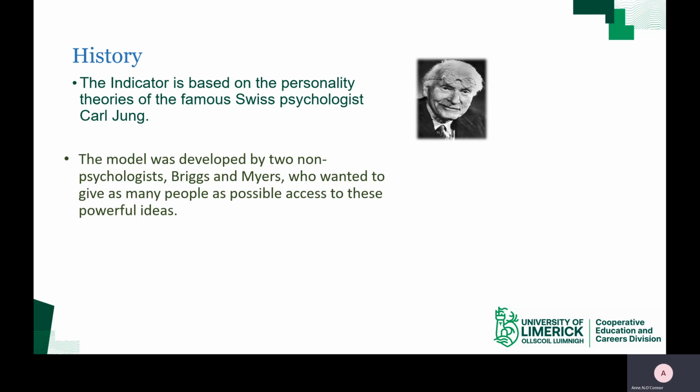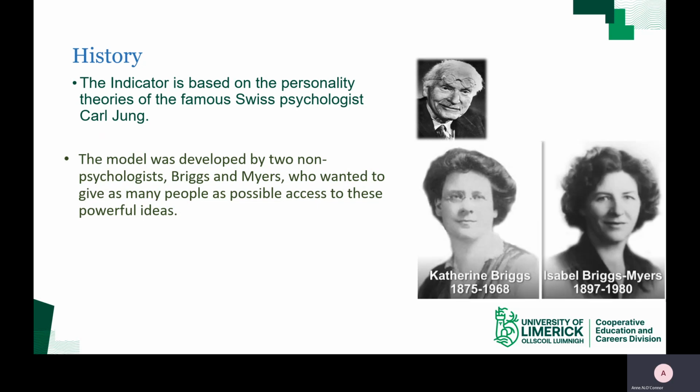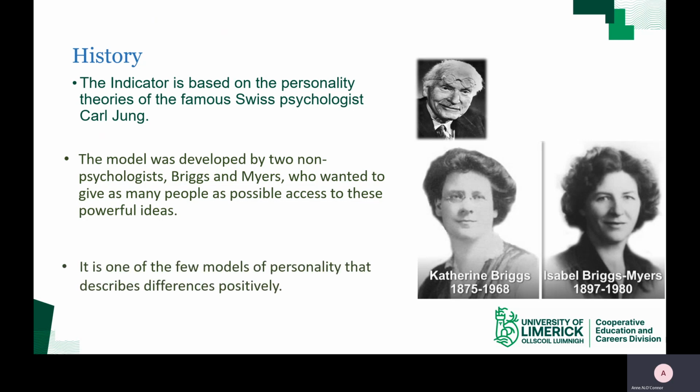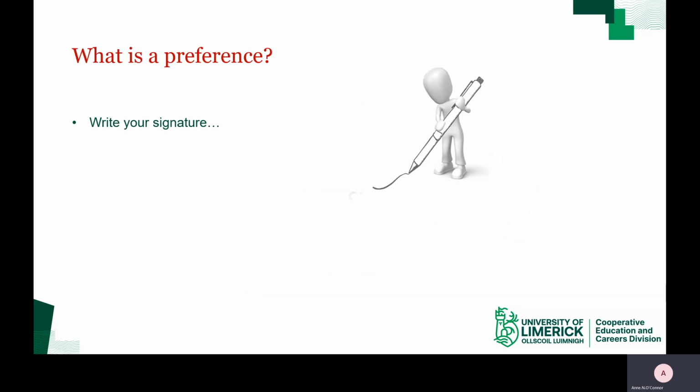It was then further developed by a mother and daughter team, Myers and Briggs, and they brought this type psychology together, developed the tool and began the research around this. It is probably one of the few models of personality that describe differences positively. So that's one of the really interesting things about this particular tool.